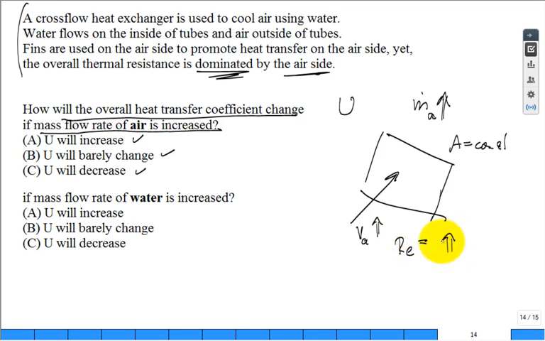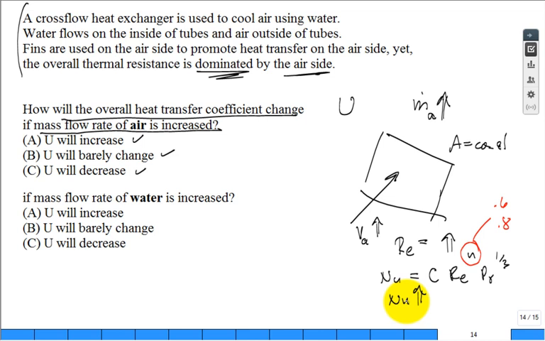It goes up. All right, then we recall, we're interested in heat transfer off of that surface. Nusselt number is some constant, Reynolds to some power, Prandtl typically to the one-third. That n up here, for external convection, maybe it's 0.6, maybe it's 0.8, something like that. But if Reynolds number goes up, what does the Nusselt number do? It goes up.